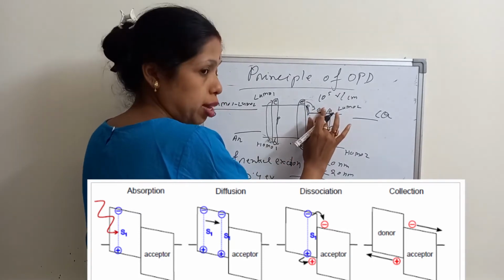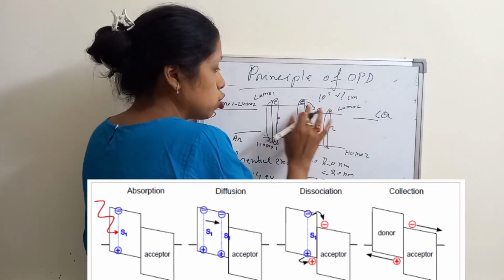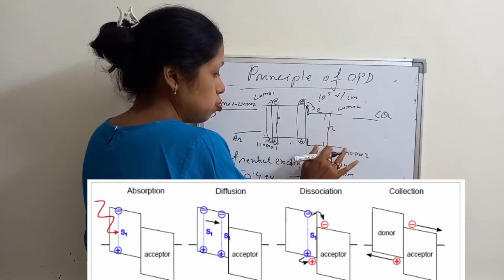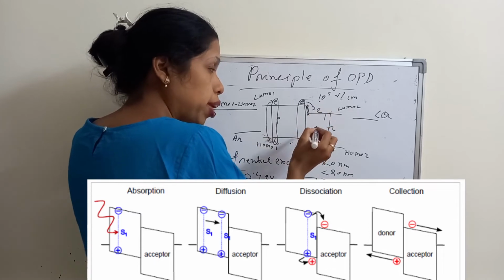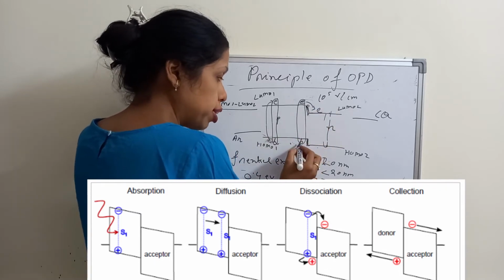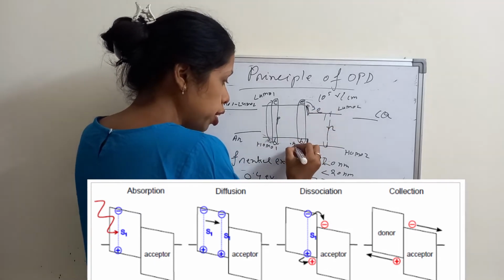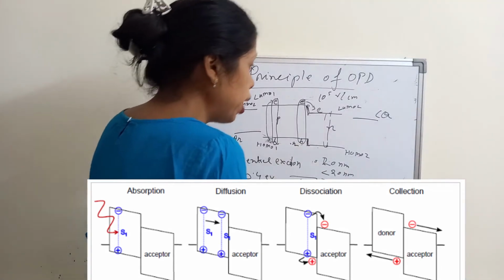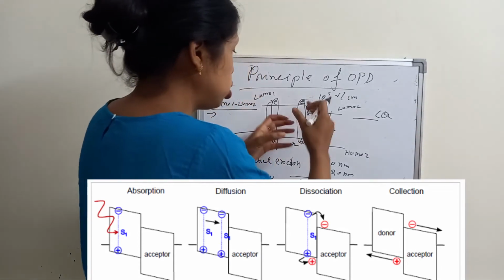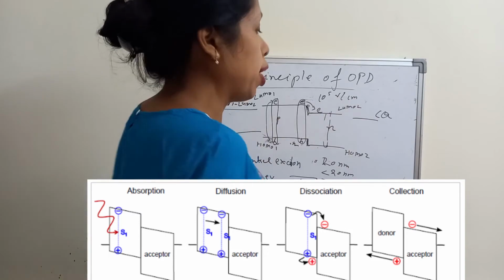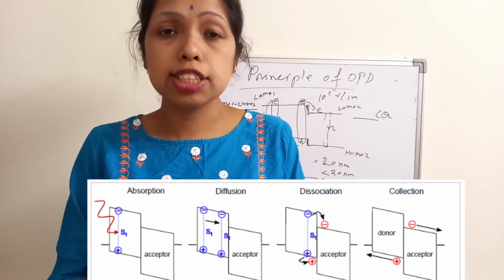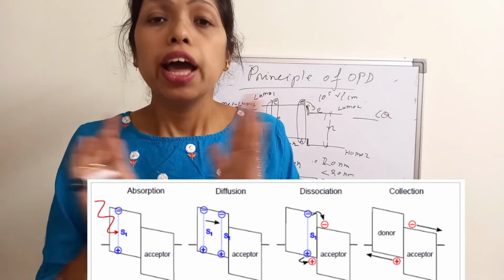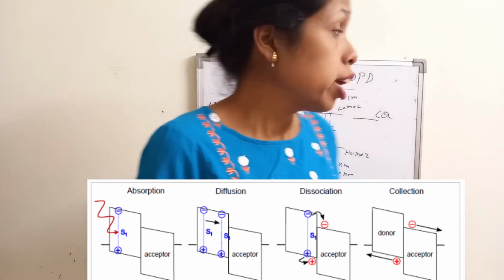The electron will remain the same here. Now the electron will be in the LUMO level of the n-type material, and the hole will remain the same here. Right? Once it is collected by the electrodes, you can get some photocurrent in the external circuit, right?